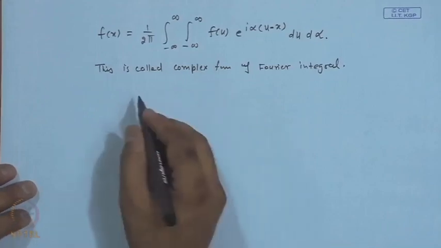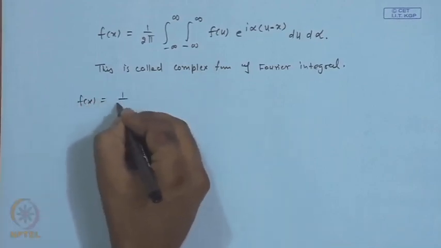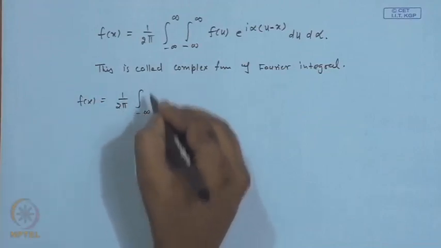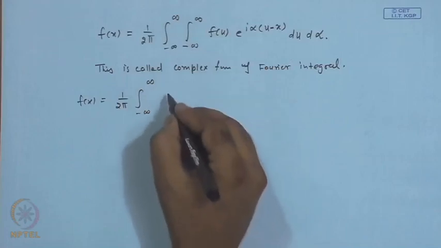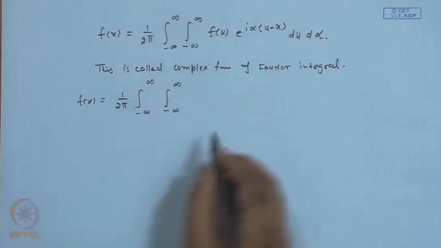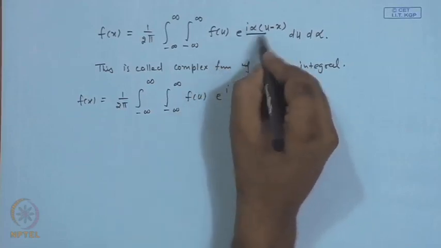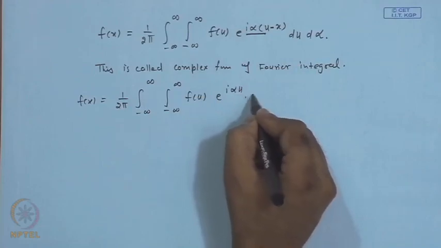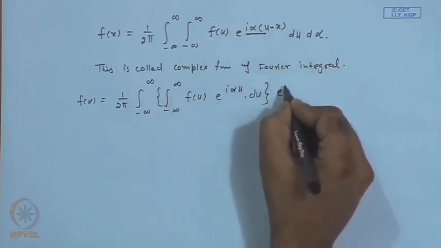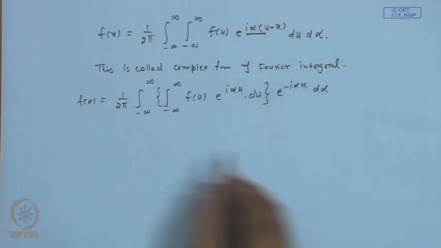So, in this complex form, we rewrite this to define the Fourier transform and Fourier inverse transform: minus infinity to plus infinity and minus infinity to plus infinity, again f(u) e^(i alpha u) du, that is one integral, and then we are left with e^(minus i alpha x) d alpha.